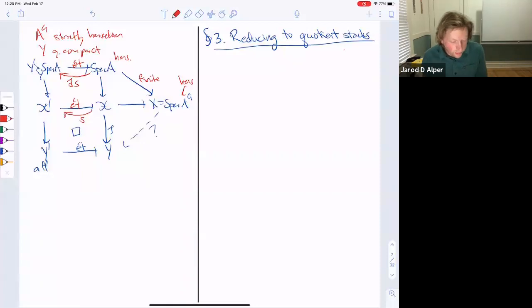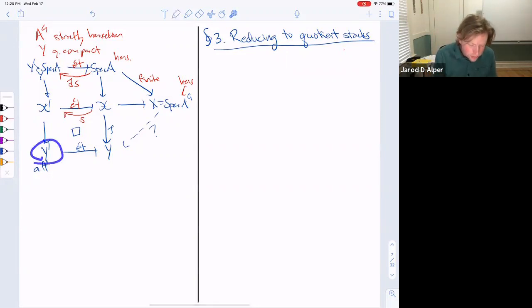And now, okay, where are we? Y prime is affine. What do we know here? So we're going to use the, okay, since Y prime is affine, and there exists a map like this.